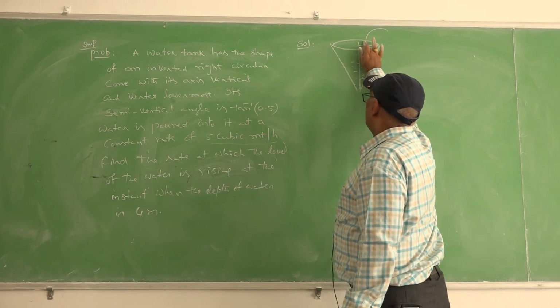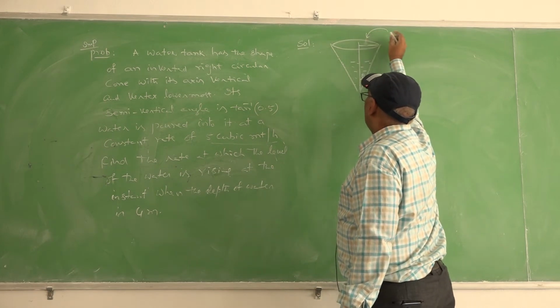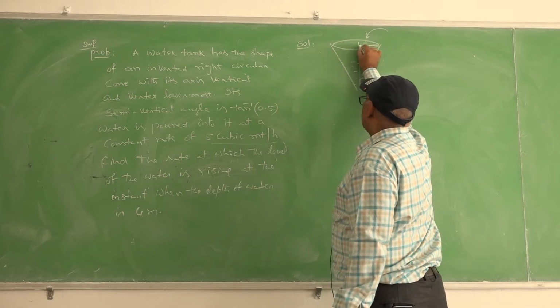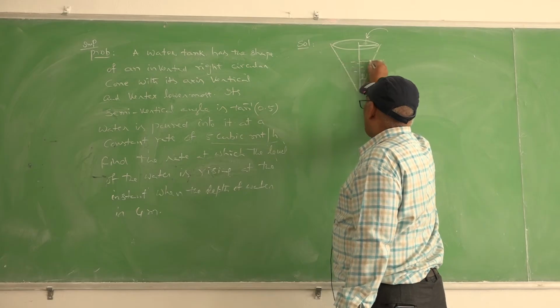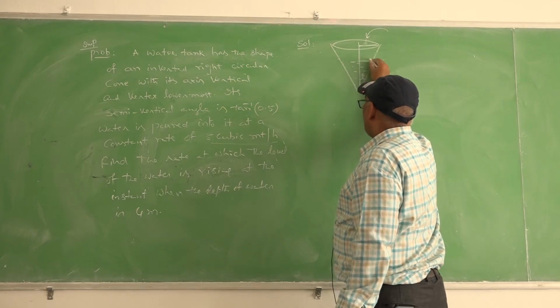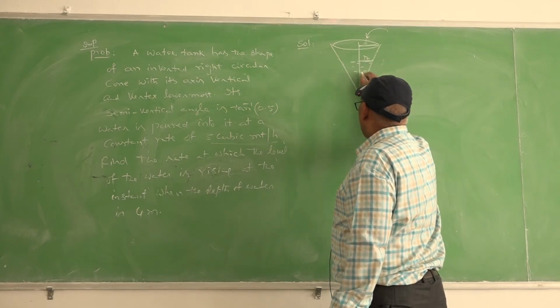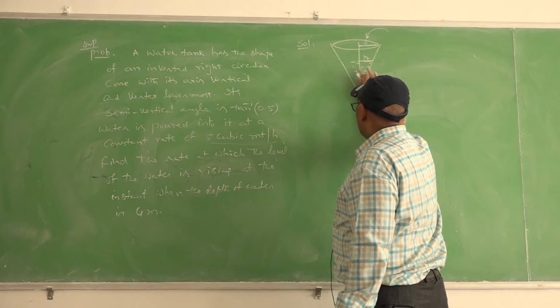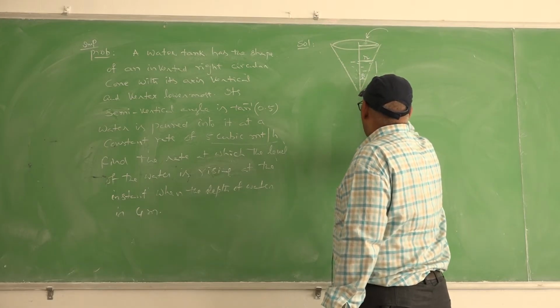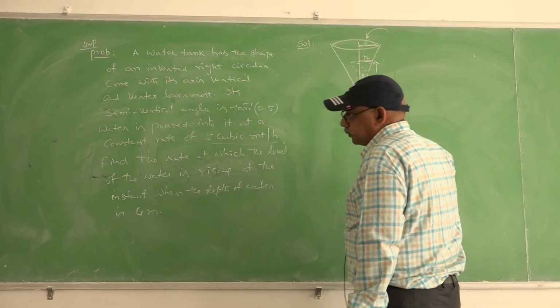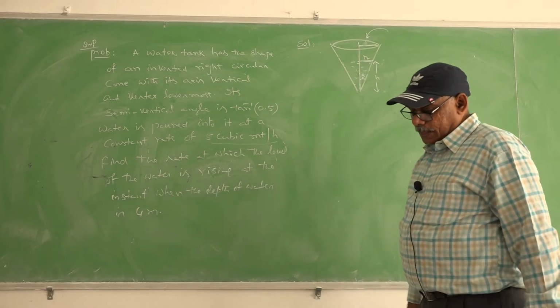Let us suppose this is the water level radius, R, and the height, the length of this one, the height of the water, is h.